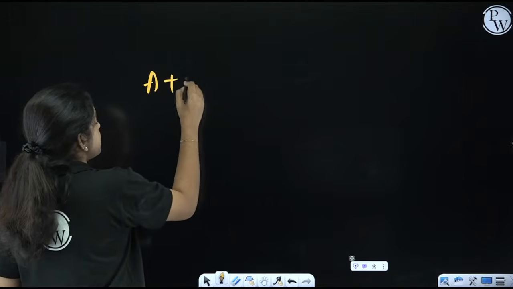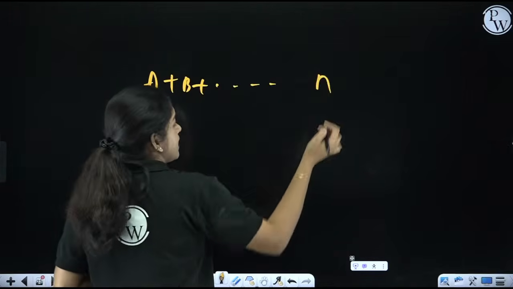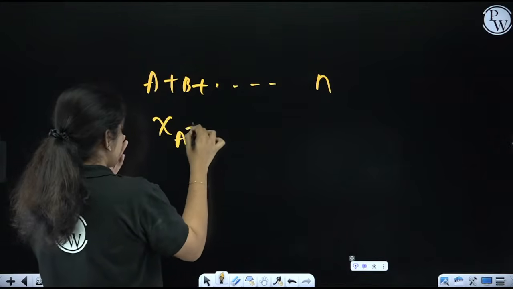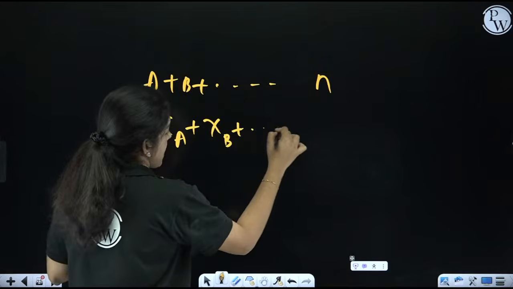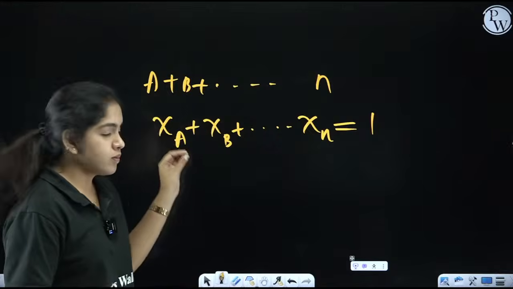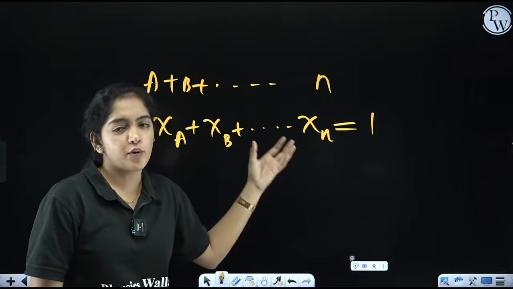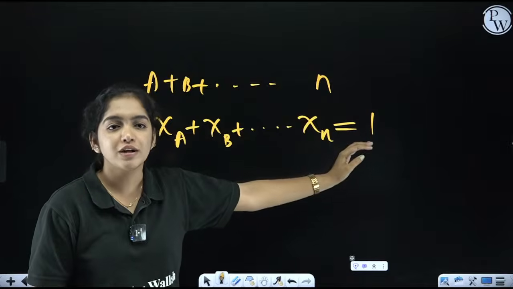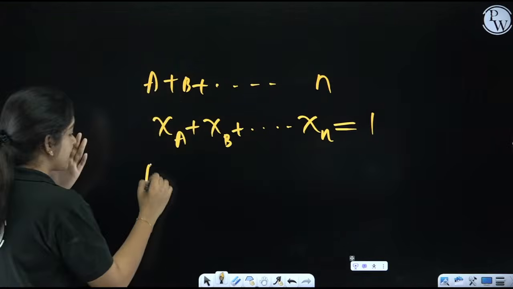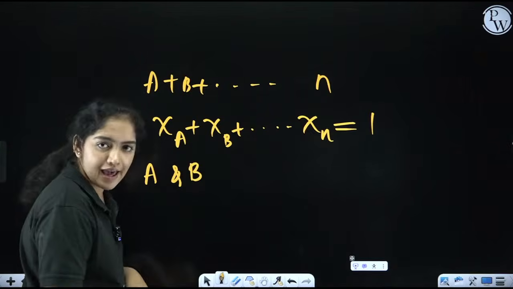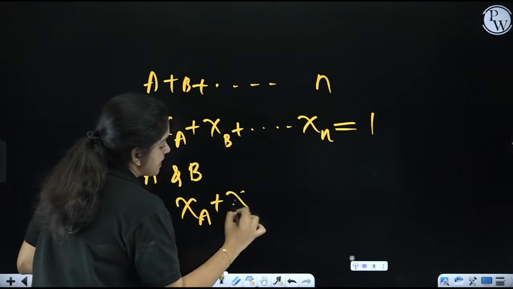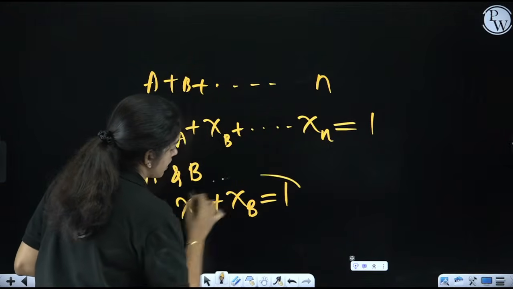And one more thing: if the solution contains n number of components, for example, A is there, B is there, C, up to n components, the total sum chi A plus chi B up to chi n will be equal to unity. Clear? The sum of the mole fractions of the individual components will be equal to unity. Unity means 1. And if there are only two components, A and B, we can write chi A plus chi B equal to 1.